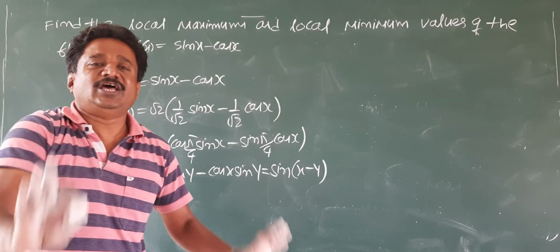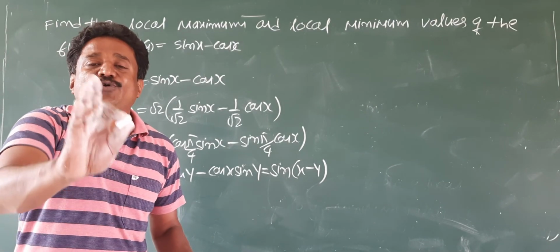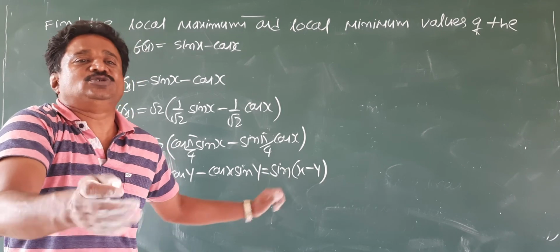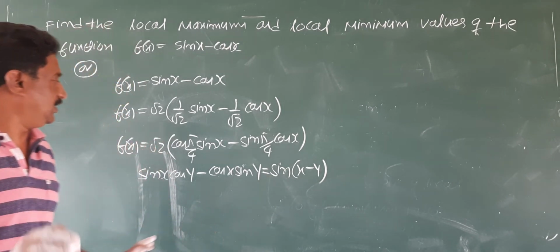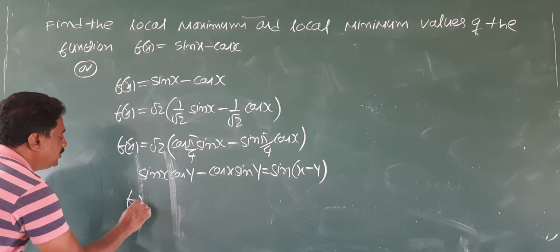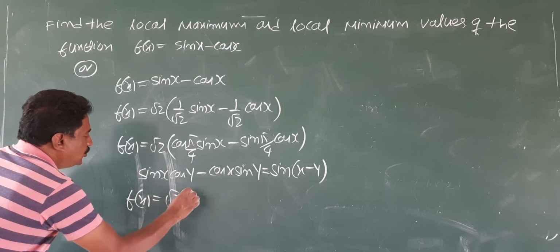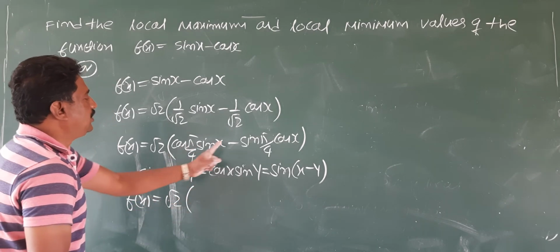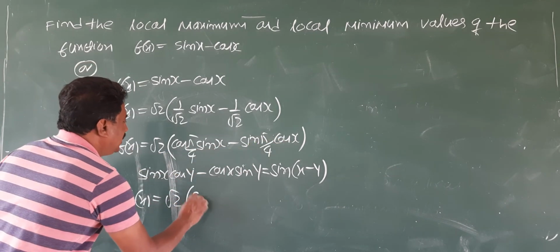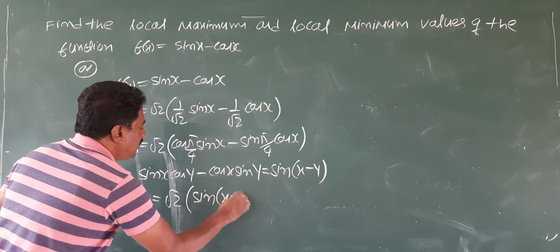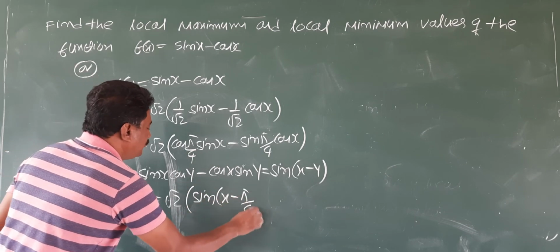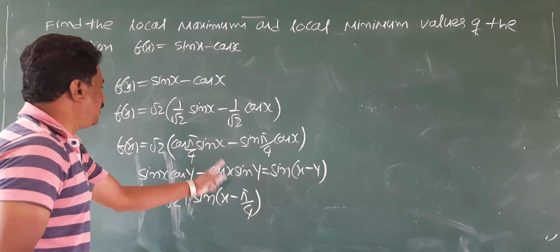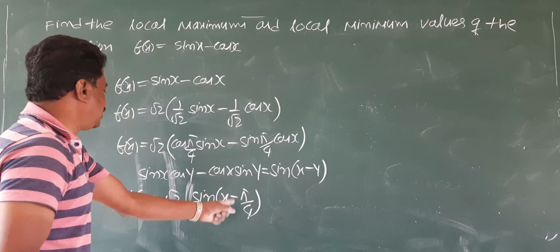No differentiation, nothing. In this method, don't follow your procedure. Without using your procedure, it can be solved directly also. Right? Fx equals root 2 into sin x cos y minus cos x sin y, sin x minus y. X minus y means pi by 4. Sin x cos pi by 4 minus cos x sin pi by 4.